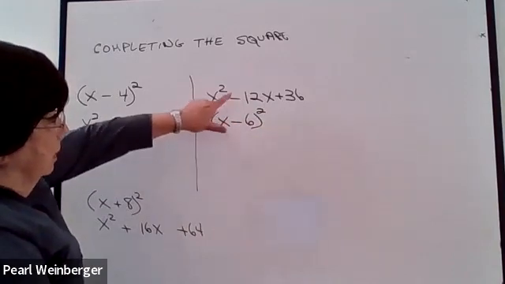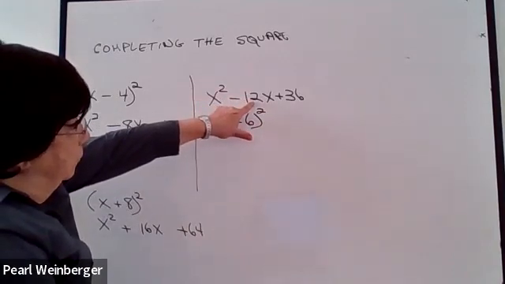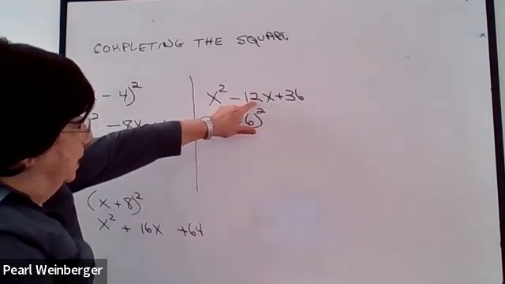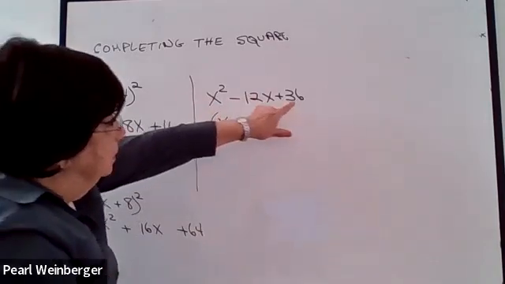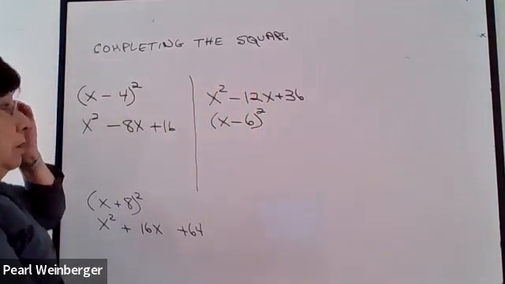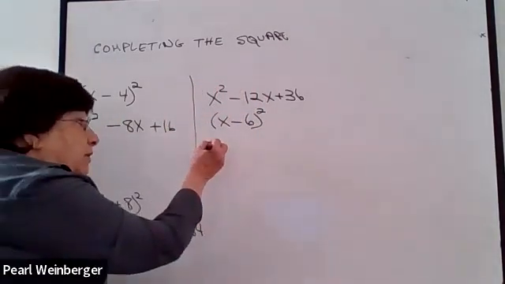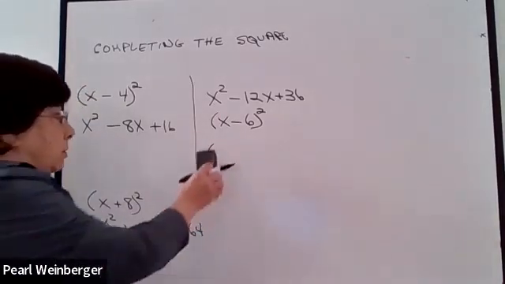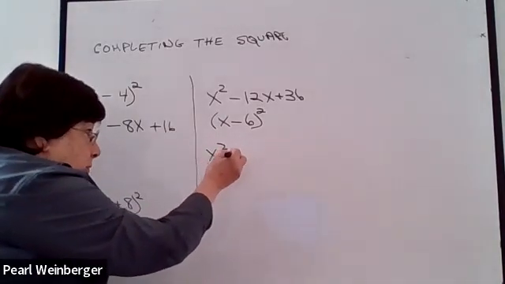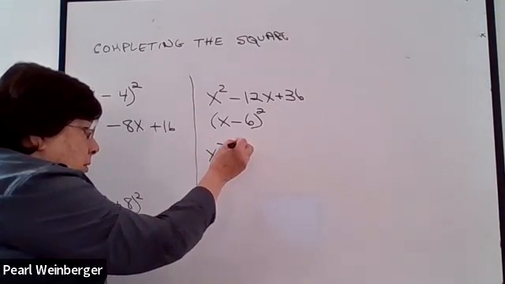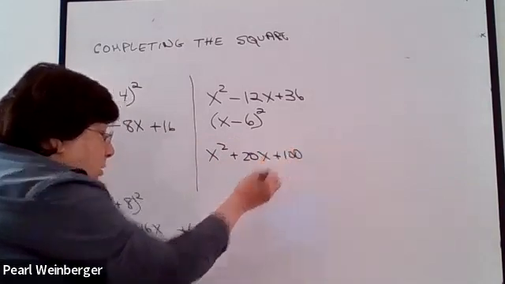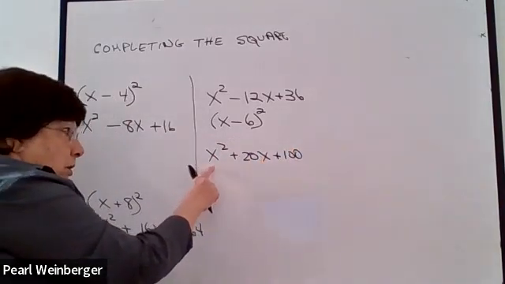In other words, if I see that the coefficient of the middle number, if I divide it by 2 and square it, gives me the last number, then I know I have a perfect square binomial. If I have something that looks like x squared plus 20x plus 100, notice what I see.